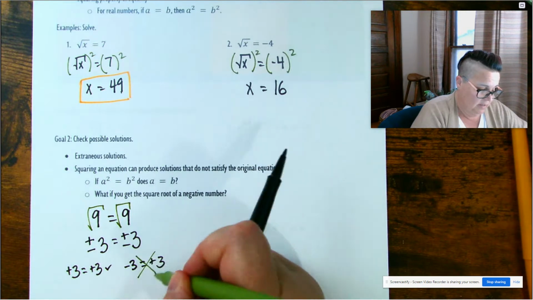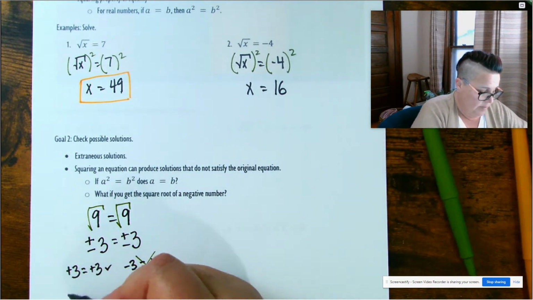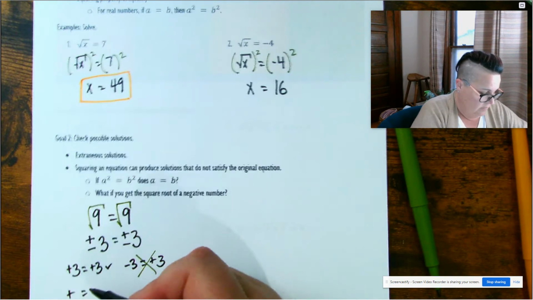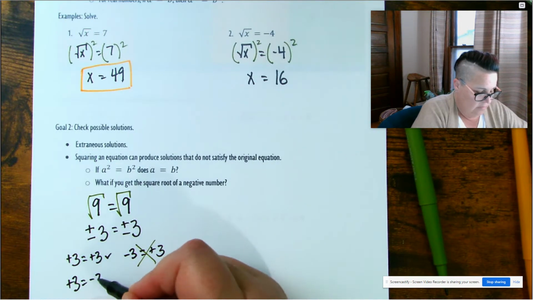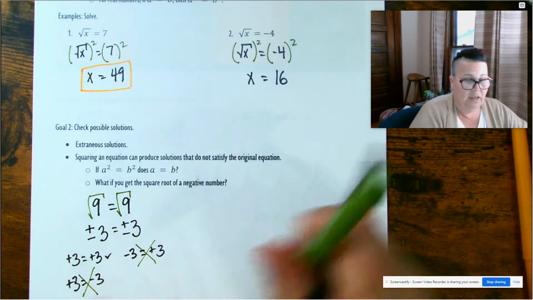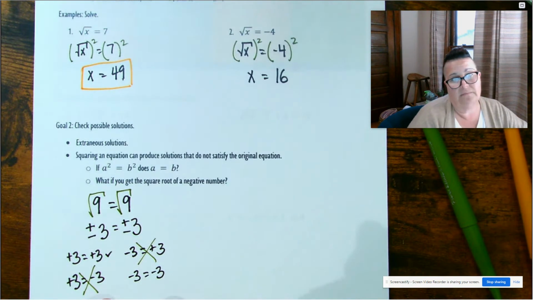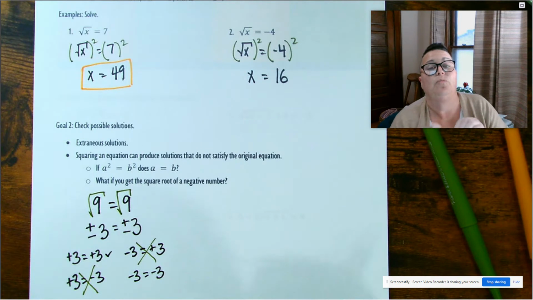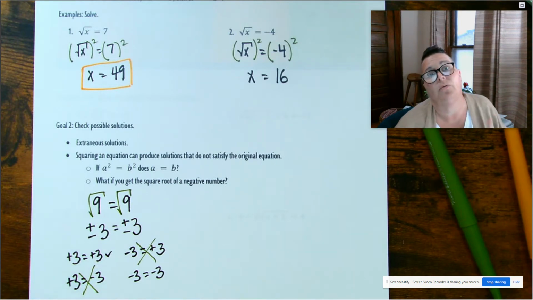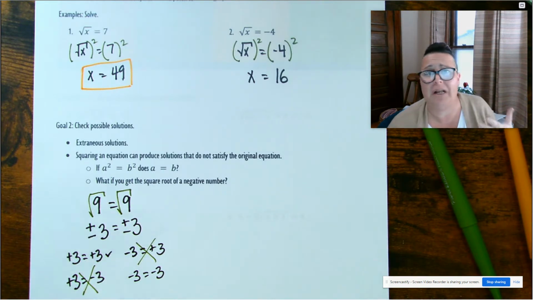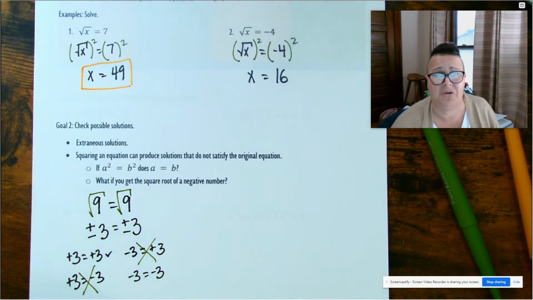This does not check. Or I could use a positive 3 equal to a negative 3. This does not check. But it does check that negative 3 is equal to negative 3. So we have to be really careful when we check a square root. And when we check a square root in this situation, we want to make sure that we're using the positive or principal number.